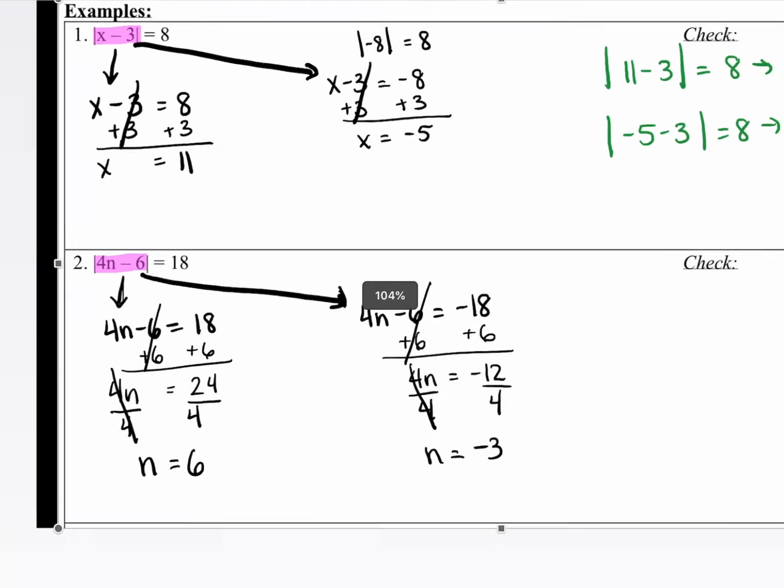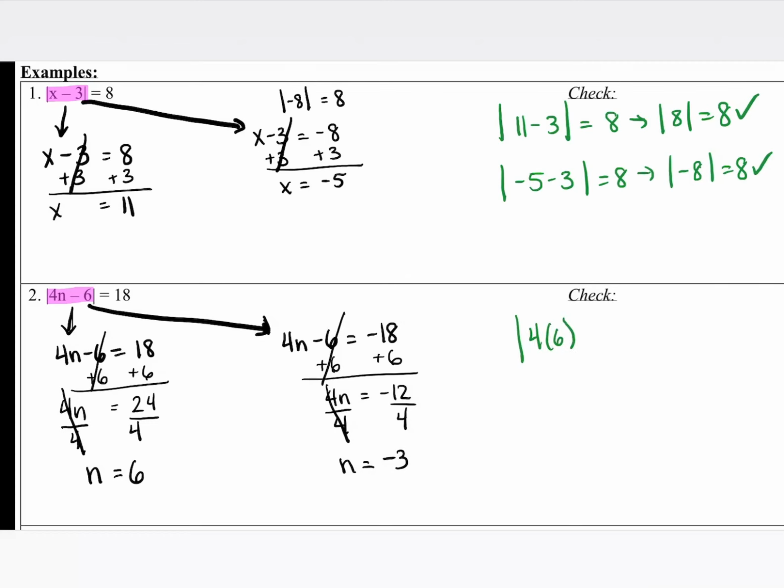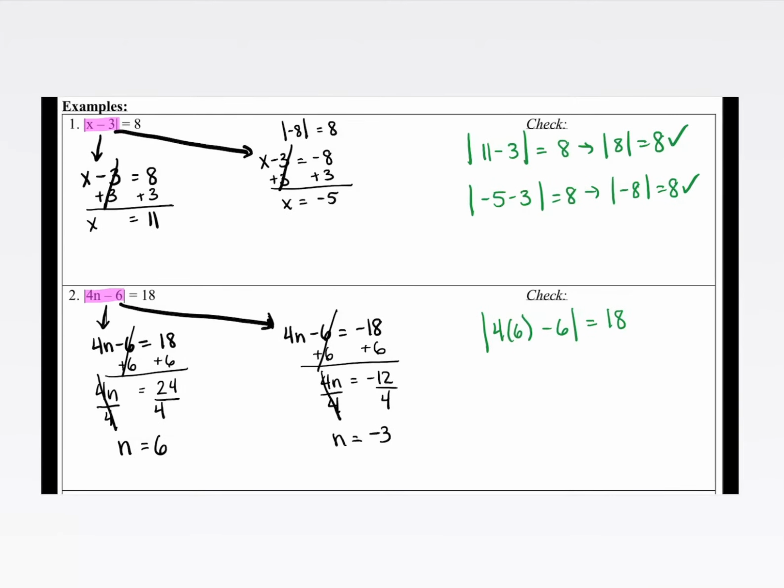Now we can plug back in to check our work. So we have the absolute value of 4 times 6 minus 6 should give us 18. We know that 4 times 6 gives us 24, and 24 minus 6 gives us 18. So the absolute value of 18 does equal 18.